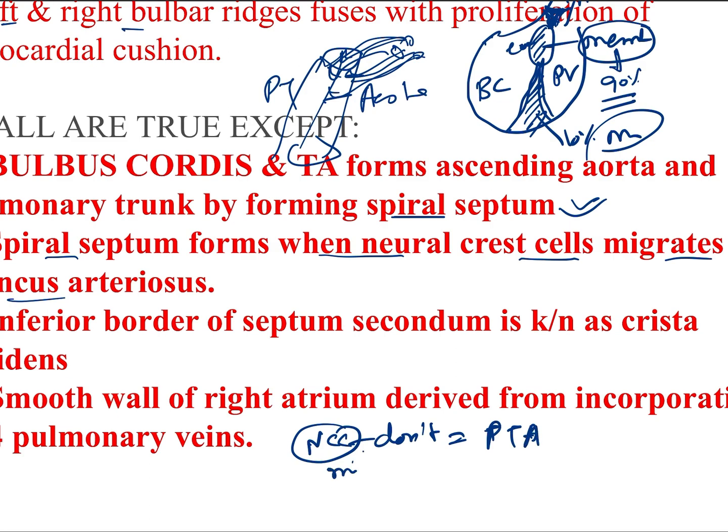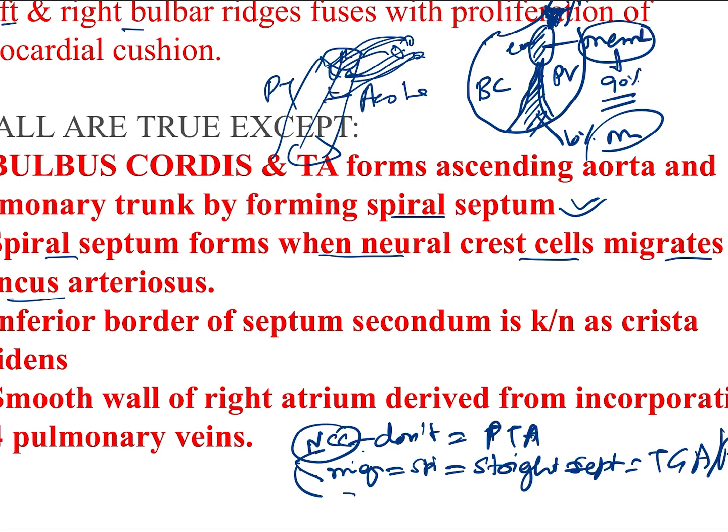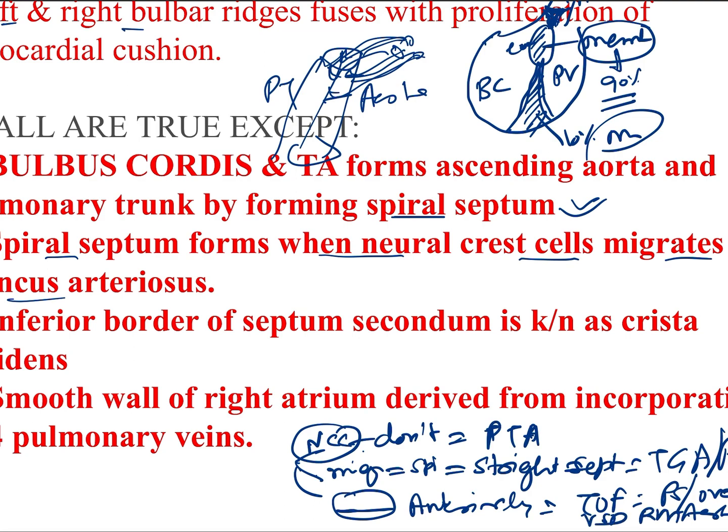Or if they migrate but, instead of making a spiral septum, they make a straight septum, then it will form transposition of great arteries, meaning parallel circulation. And if the aorticopulmonary septum migrates comparatively anteriorly, then TOF will occur, because of pulmonary stenosis, overriding of aorta, RVH and VSD.